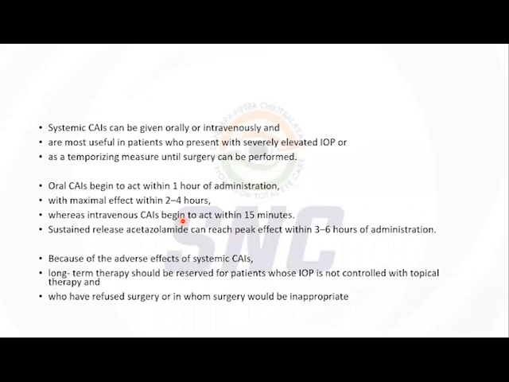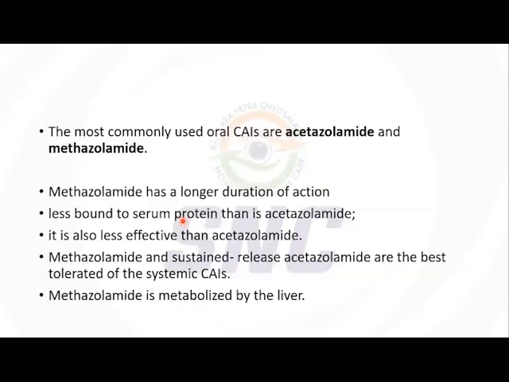Oral carbonic anhydrase inhibitors begin to act within 1 hour of administration, with maximal effect within 2 to 4 hours, whereas IV agents act within 15 minutes, and sustained release acetazolamide can reach a peak effect within 3 to 6 hours of administration. Because of the adverse effects of systemic drugs, long-term therapy should be reserved for patients whose IOP is not controlled with topical therapy and who have refused surgery or for whom surgery would be inappropriate.